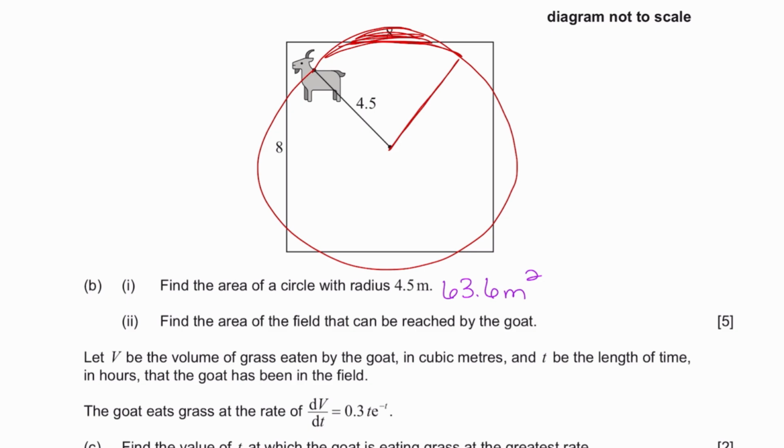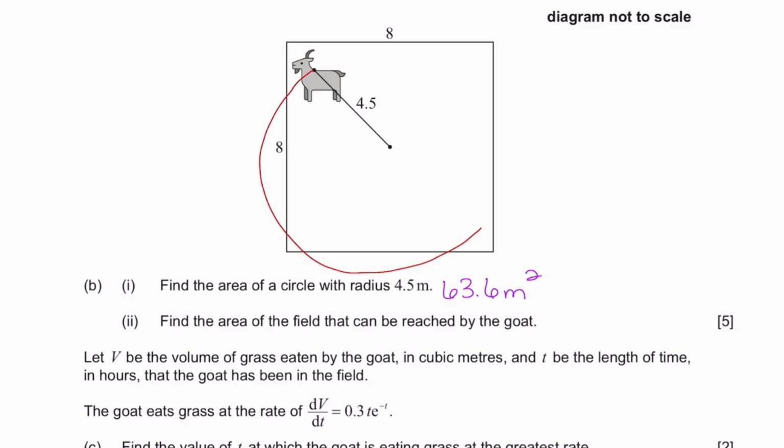So the goat basically is allowed to form this entire circle around this field, when what you want to do is to be able to only include the parts of this field and take out the parts where it's outside of the field.